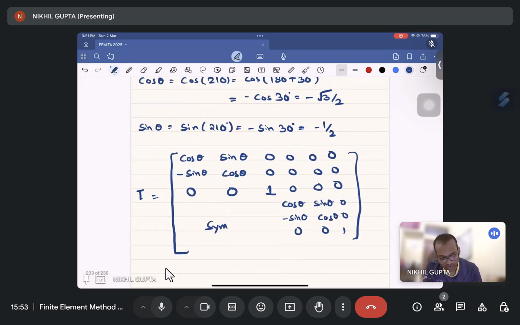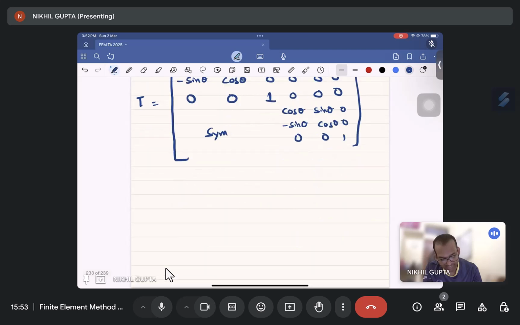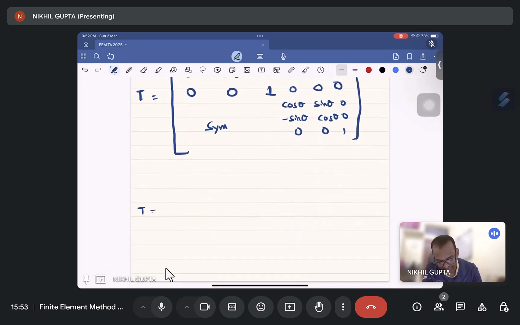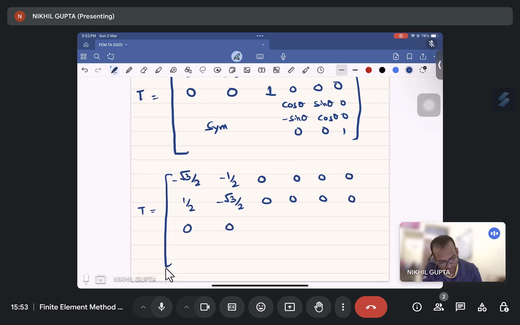So we just have to substitute the cos theta and sin theta in this, and what we'll get is minus root 3 by 2, minus 1 by 2, then 4 zeros, then 1 by 2, minus root 3 by 2, 4 zeros, then double zero, 1, and triple zero.